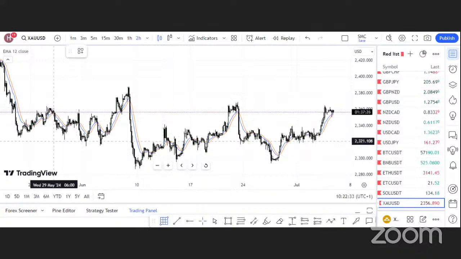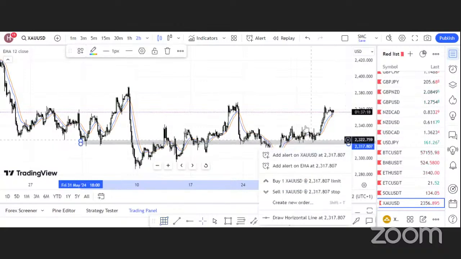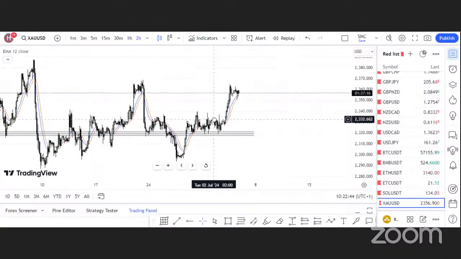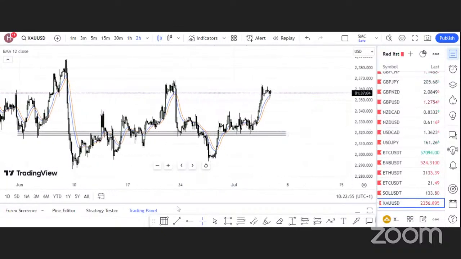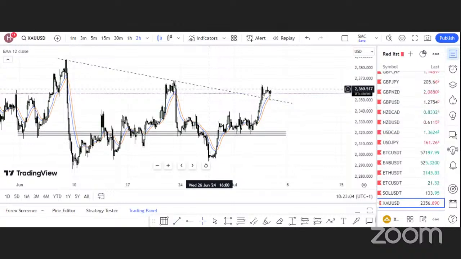The levels have been breached multiple times, and after the breach, the market will still go back, retest the level and then break it to the opposite side again. So let's use the trend line here.